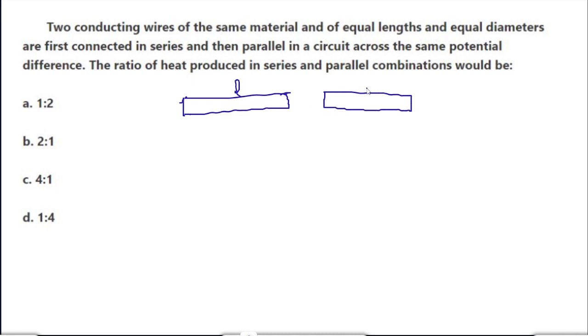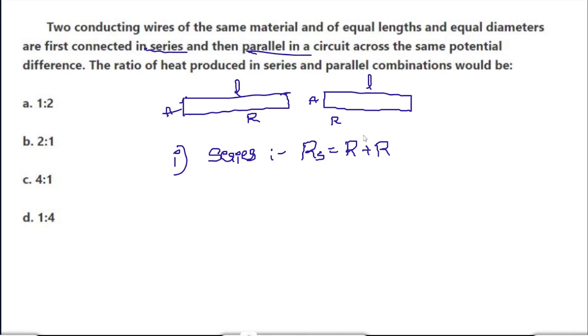Length is the same, and since the diameter is the same, the area is also the same. Now these two are connected in series and then in parallel, right? So first, in series combination, what happens to the resistance? Simply, the resultant resistance is equal to R plus R. Both have resistance R, so R plus R is nothing but 2R.